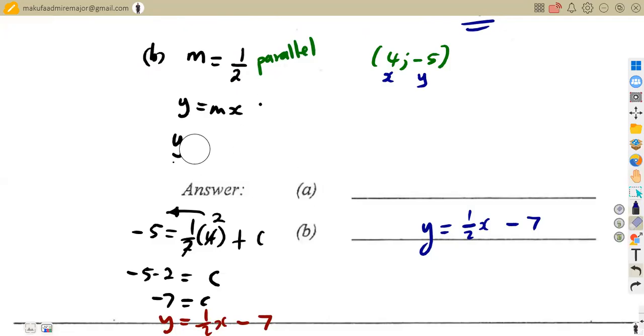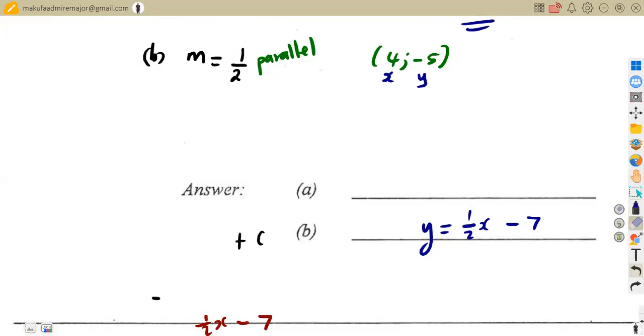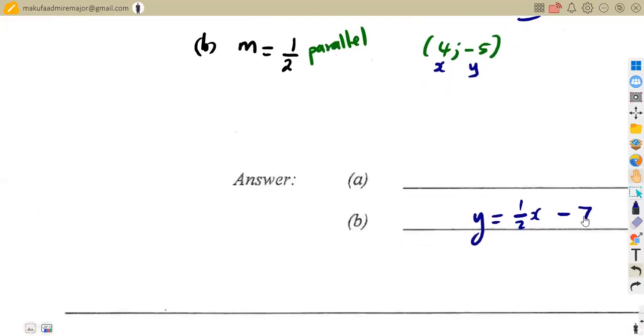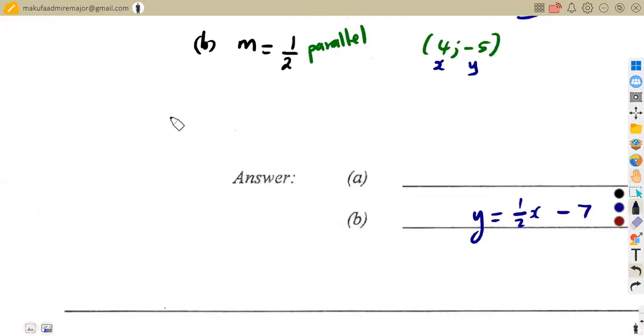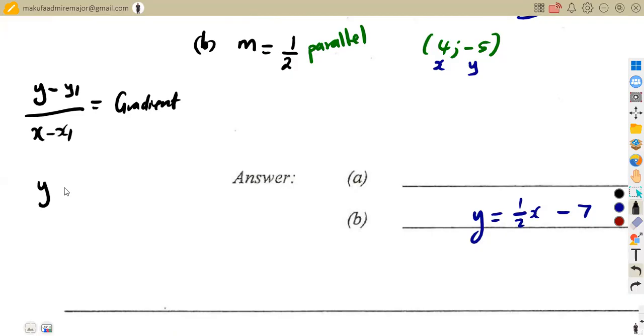There are so many ways, guys, of finding the equation of a straight line. You're not supposed to work with the intercept formula concept alone. If you are given the gradient and a point, the equation can be taken from the concept that (y - y1)/(x - x1) = m, the gradient. Here y1 and x1 come from the point, while y and x are variables.